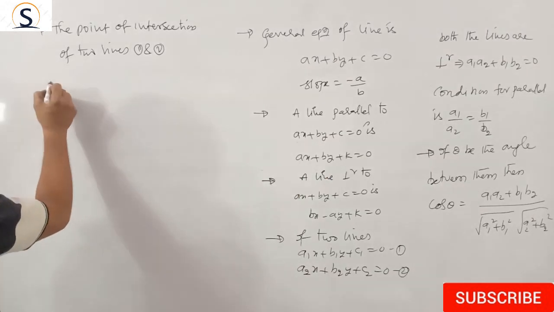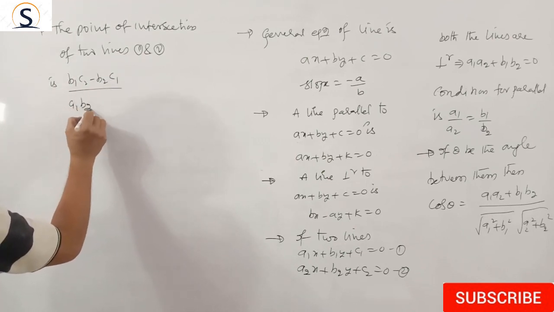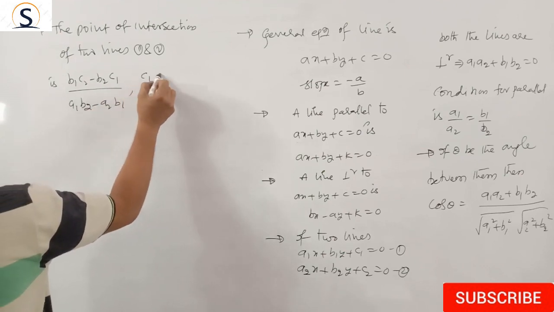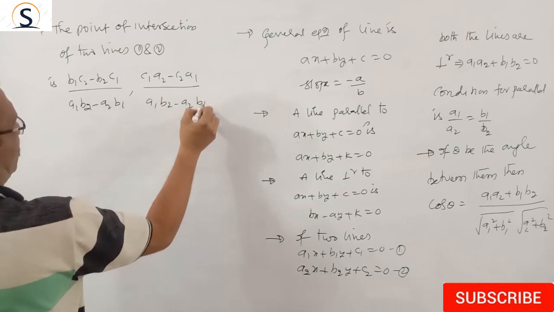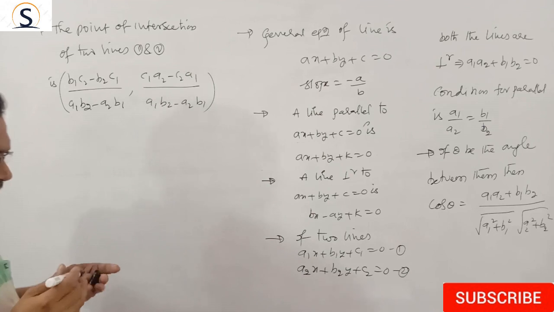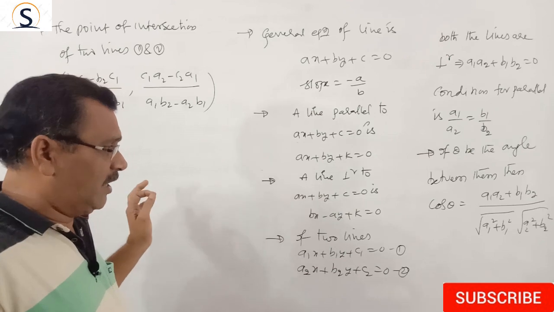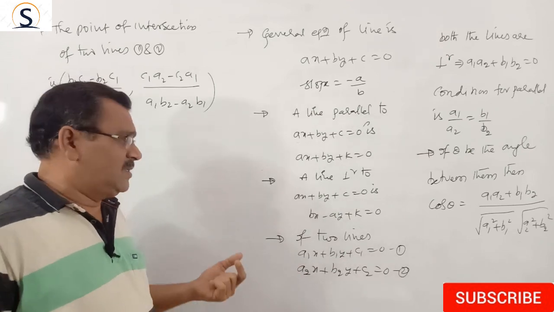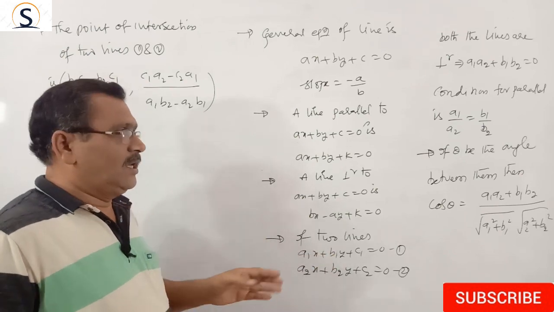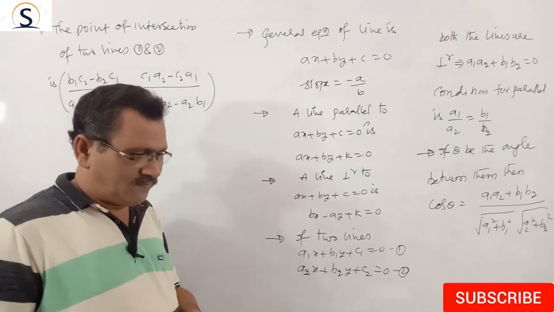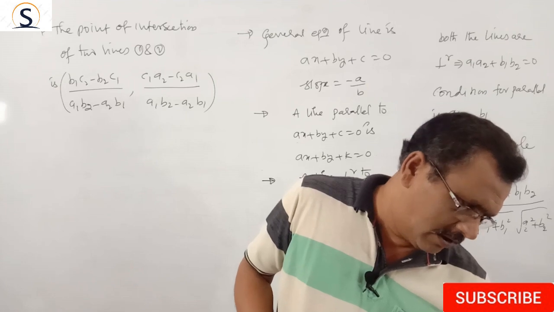So, 1 and 2 is b1 c2 minus b2 c1 by a1 b2 minus a2 b1, c1 a2 minus c2 a1 by a1 b2 minus a2 b1, right? So, this is the point of intersection of two lines. If you remember the formula, directly you can substitute the values. Otherwise, I'll show in problems not applying direct formula. Just I'll show the method to find out the point of intersection. Okay, angle between two lines, slopes, different forms, and all these completed.